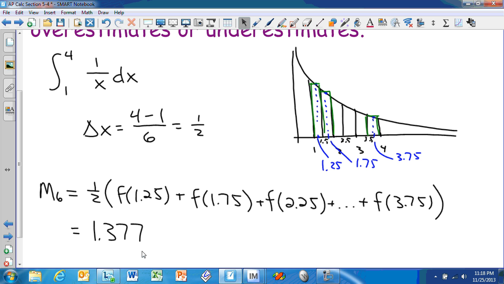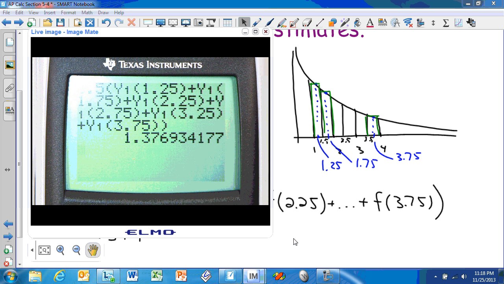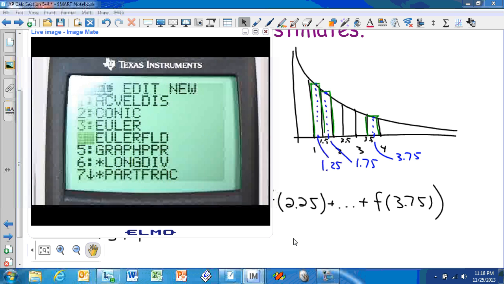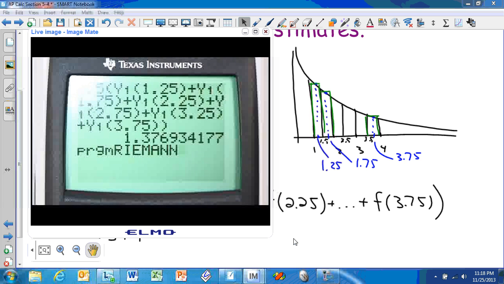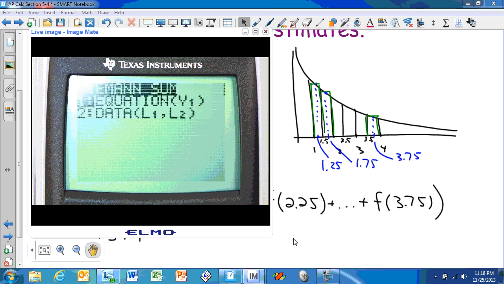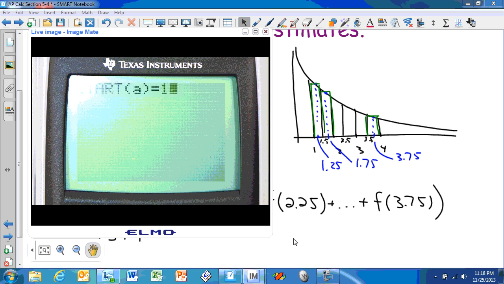Okay. Now if you run the program, it is called Riemann. Y1 has to contain your function, which is 1 over x for us. And it's going to go through a similar set of menus. The equation is typed into y1. We're going to start out at 1 and go to 4.